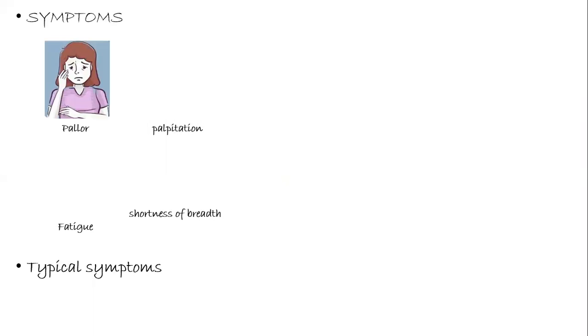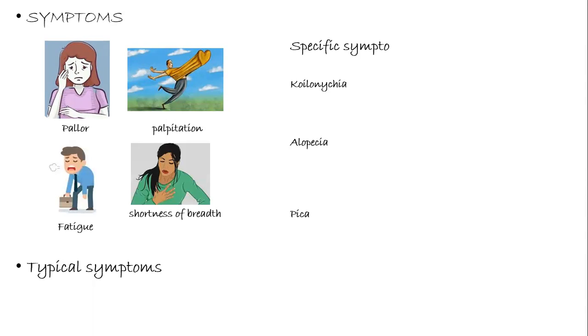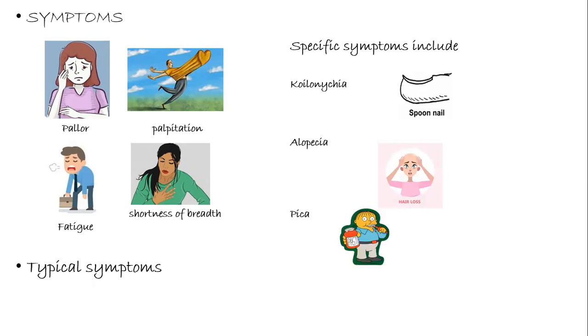Now we'll see about the symptoms. There are two types of symptoms. First one is typical symptoms. The major symptoms are pallor, palpitation, fatigue, and shortness of breath. There are some specific symptoms which include koilonychia, that means spoon-shaped nails, alopecia, that is hair loss, and pica, in which there is a strong feeling to eat non-food items.